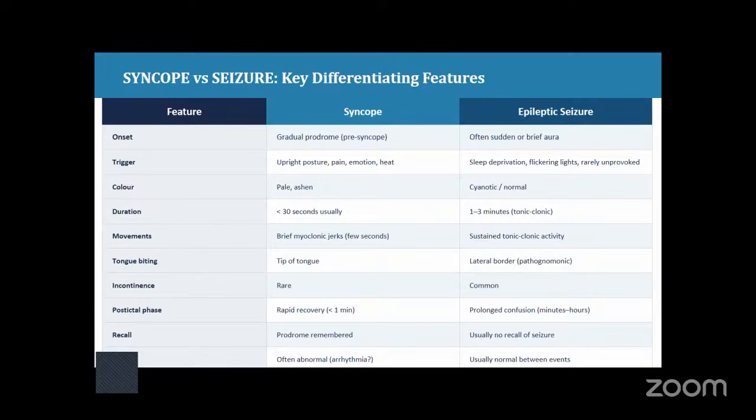For instance, in syncope, most patients are aware of the feeling or the onset of syncope. So they have a way that they'll describe the process. Then there's epileptic seizures or seizures. Not all patients have auras, but for a patient who has an aura, they'll be able to describe it.